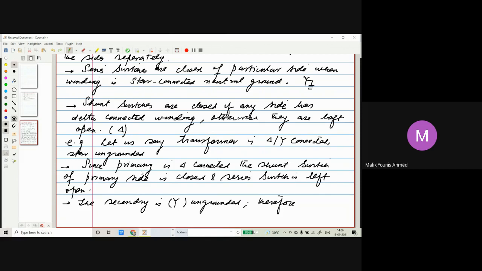So nothing will happen. I'm writing in detail for the first, rest of all I will not write. And the shunt switch is also left open. So it's very clear.